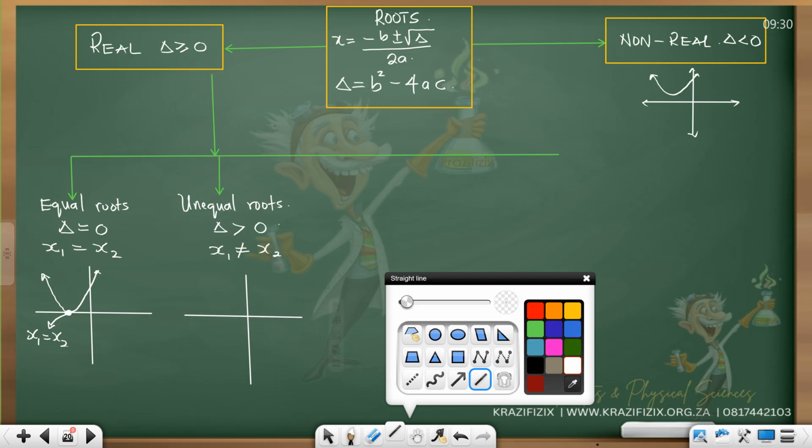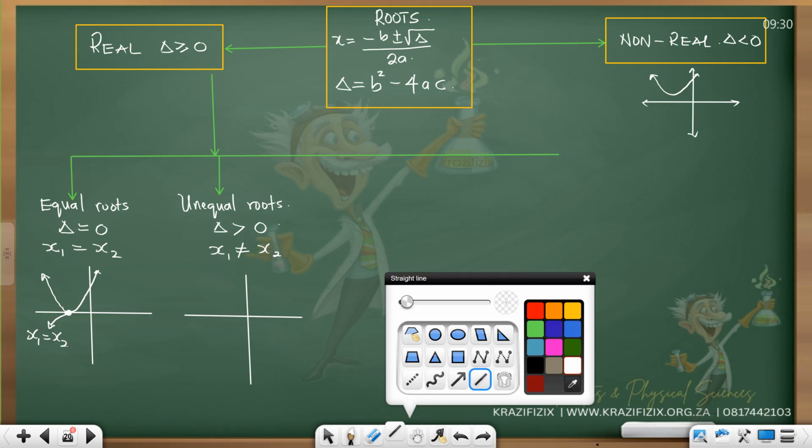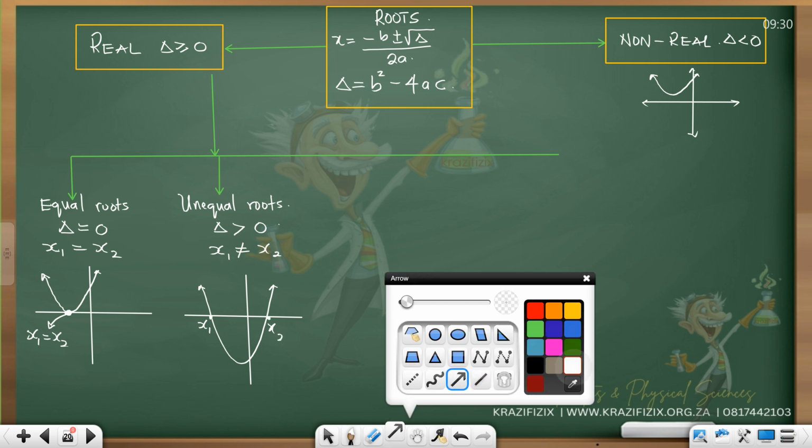My graph would look like that. They are real. x1, x2. Now the other ones that I didn't tell you, number 3.